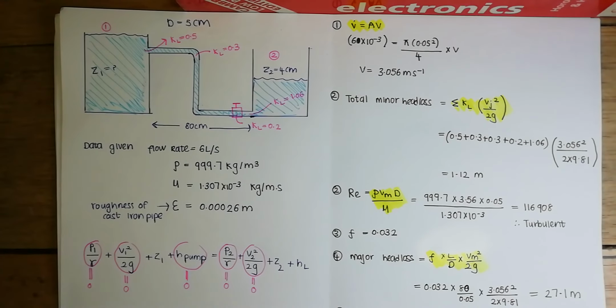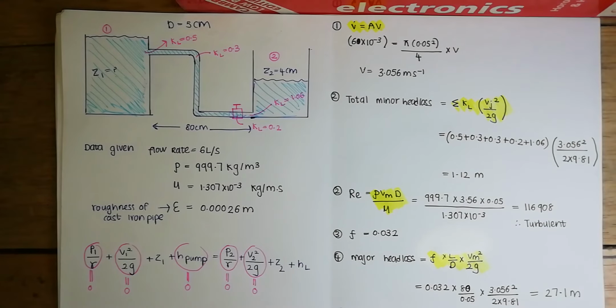Now we have a minor head loss, but there is a tiny problem that comes up when we find the major head loss. In the major head loss equation, we have something called F, or the friction factor. To find the friction factor, it changes if it's a turbulent flow and it changes if it's a laminar flow. So before we find this F, we need to figure out if our flow is turbulent or laminar.